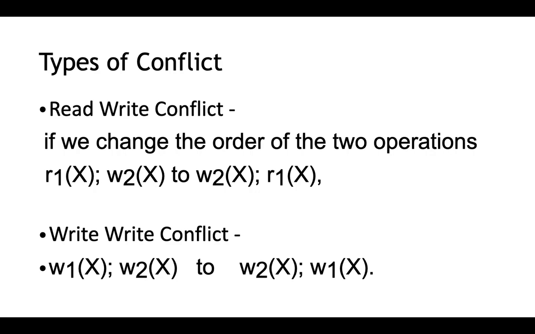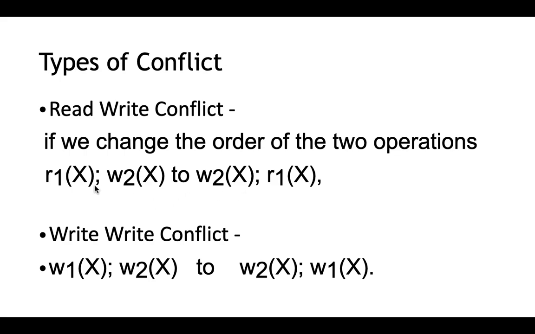In a read-write conflict, say this is the order of two operations: first R1 of x occurs, then W2 of x occurs. If the order is changed, that is, W2 of x occurs first, followed by R1 of x, that is said to be a read-write conflict. This is a conflict because in the original order, x had to be written after it was read by the first transaction. If we change the order, certain issues can occur.